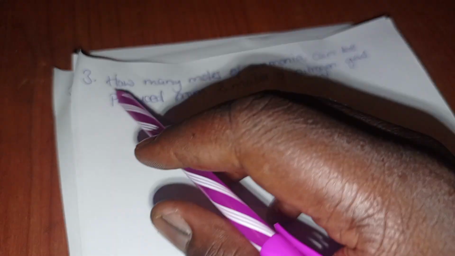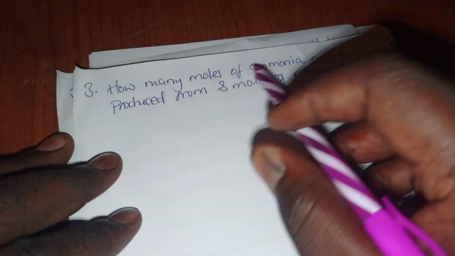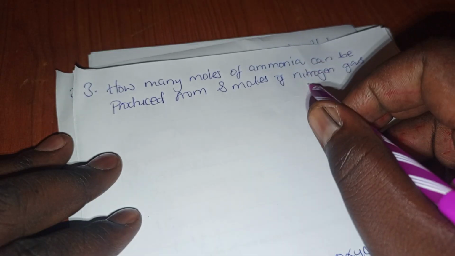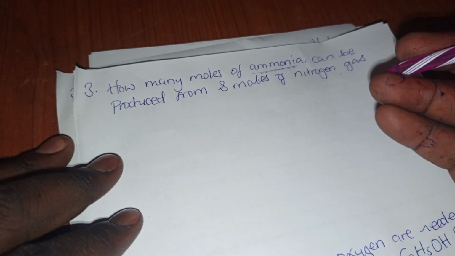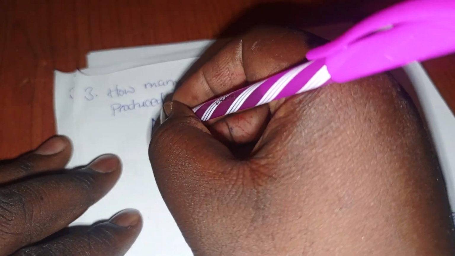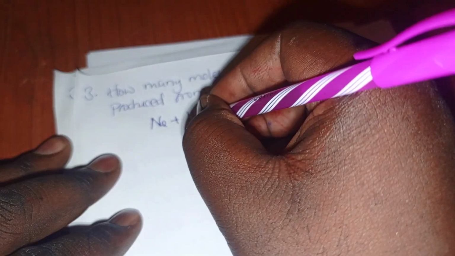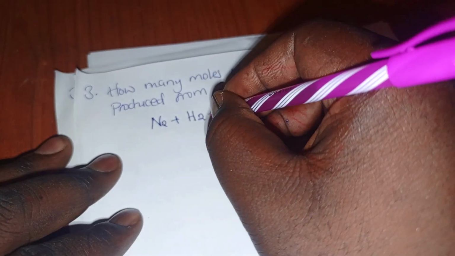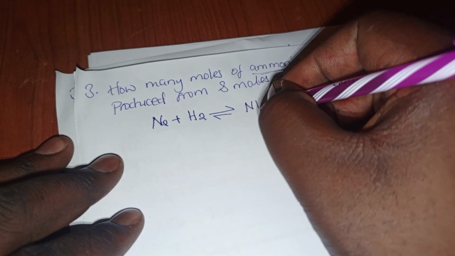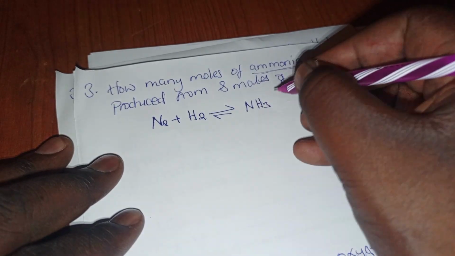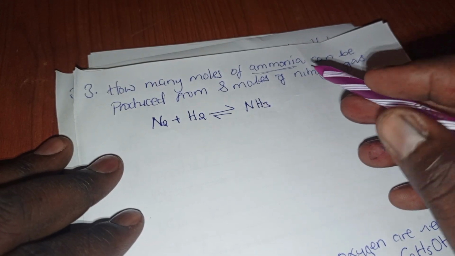Question 3 is saying, how many moles of ammonia can be produced from 8 moles of nitrogen gas? For us to produce ammonia, we need a reaction which involves nitrogen plus hydrogen. This is a reversible reaction to form ammonia, and this is the equation for the formation of ammonia.